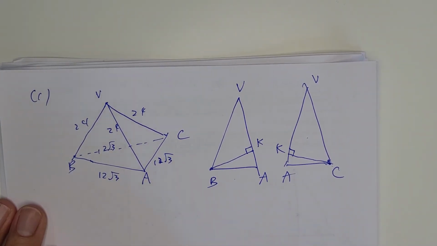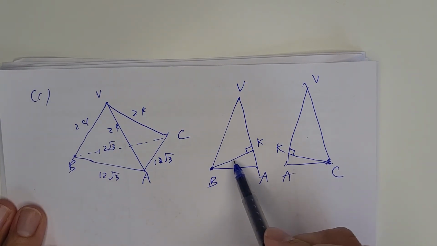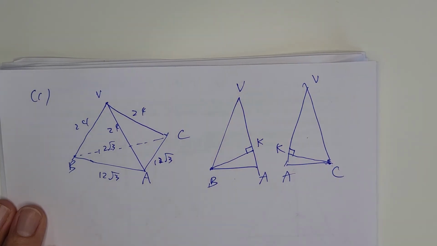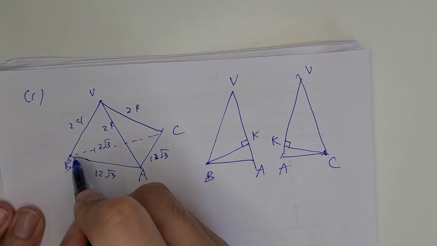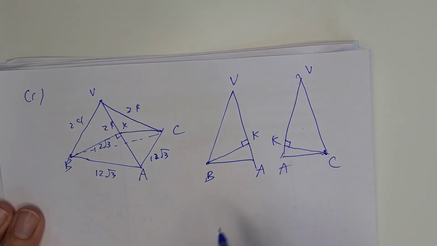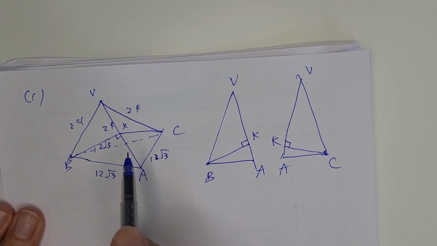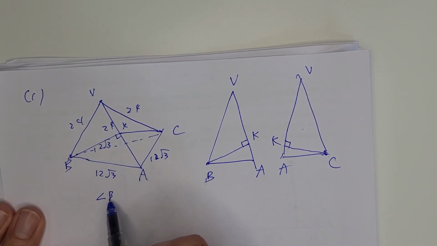So they will meet at the same point. The key point is we should find the length of BK and CK. So the required angle, going back to the figure here, should be BKC. Our target is to find angle BKC.